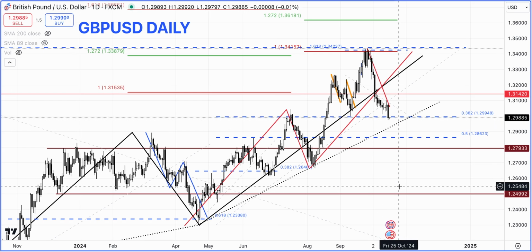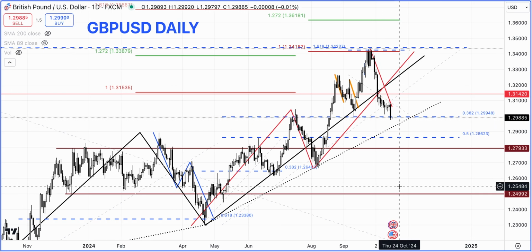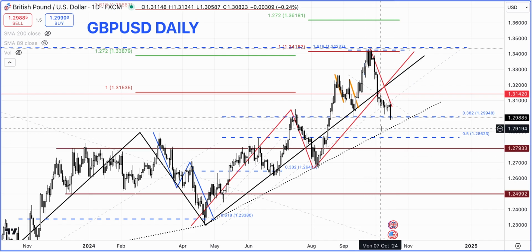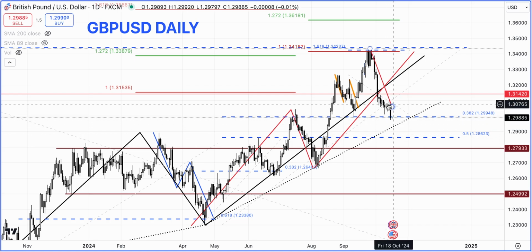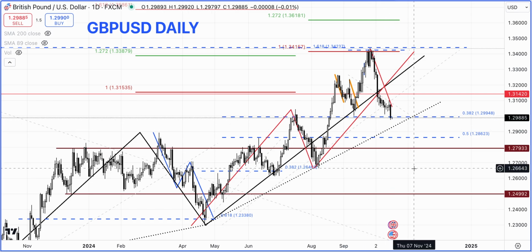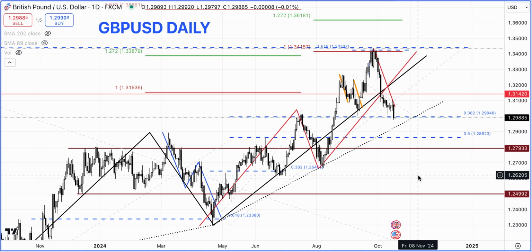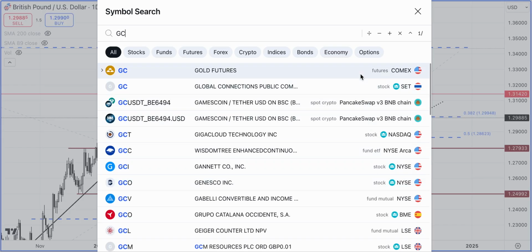So it is a pretty strong support level, and we'll be watching whether the US dollar is strong enough, or in other words, whether the British pound keeps on going lower, maybe right towards this trend line to test this one. That remains to be seen, but this is a pretty strong support region that the currency has approached now.